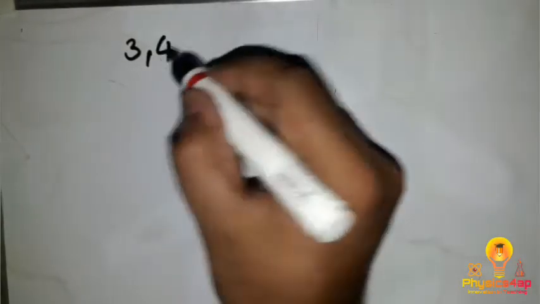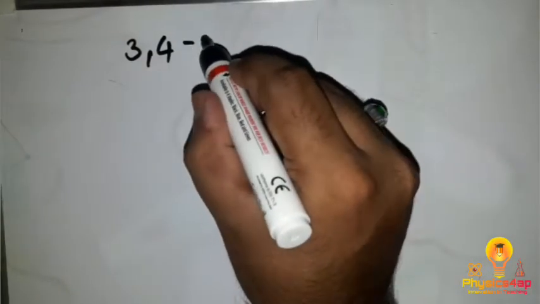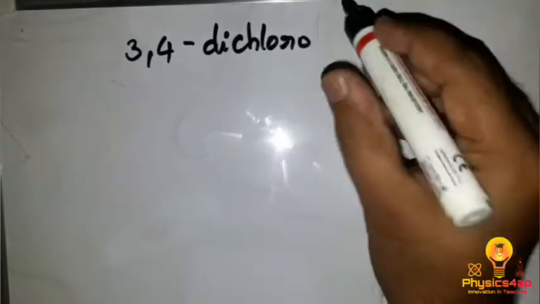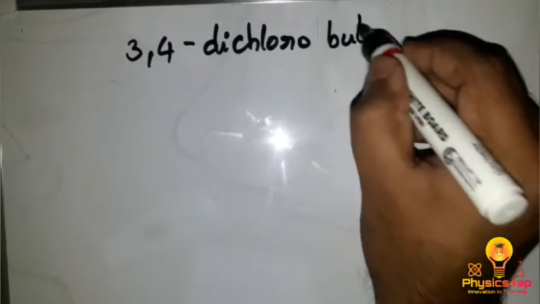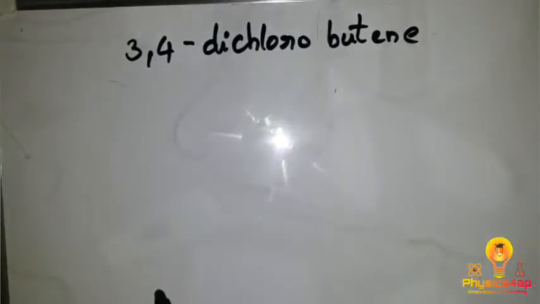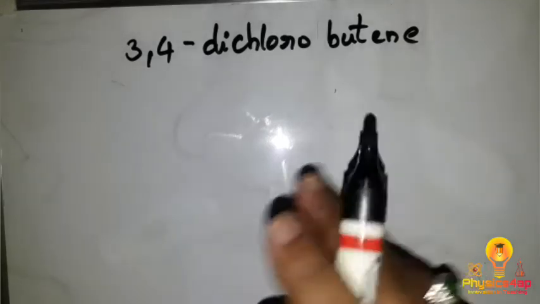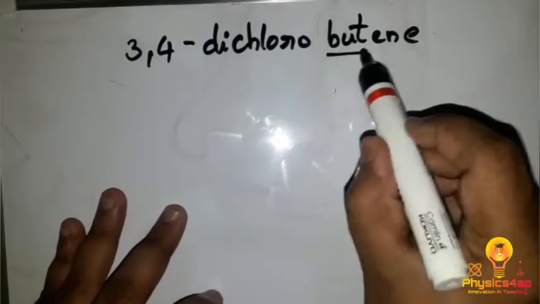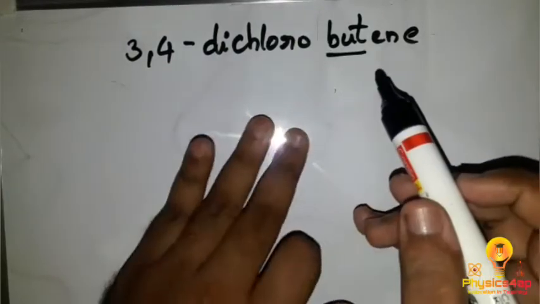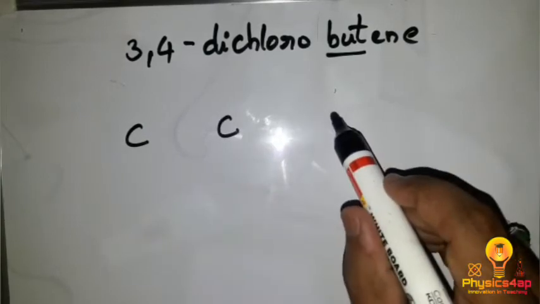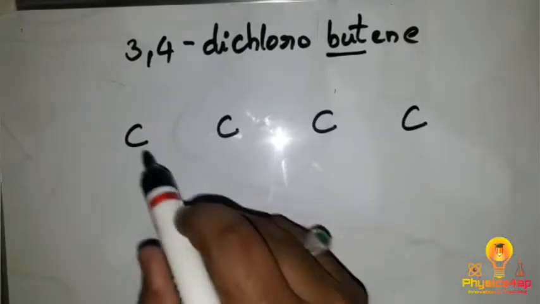So let's take another example like 3,4-dichlorobutene. The same thing: first we have to see the root word, but. But represents 4 carbons. So 1, 2, 3, 4.